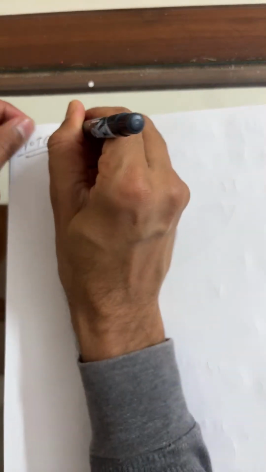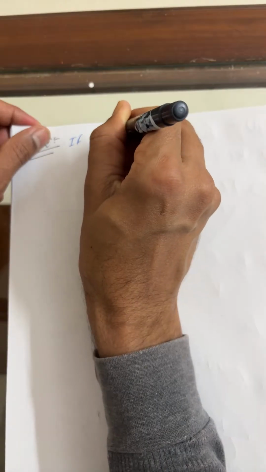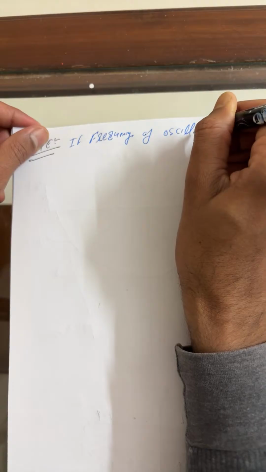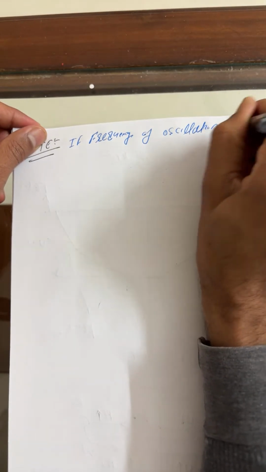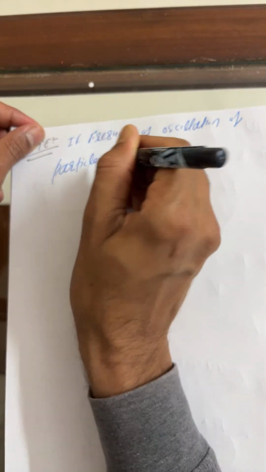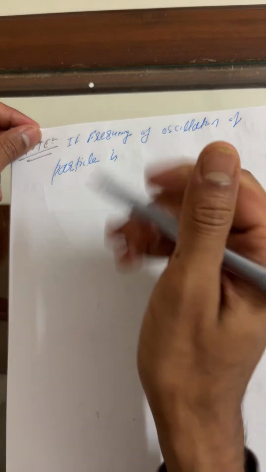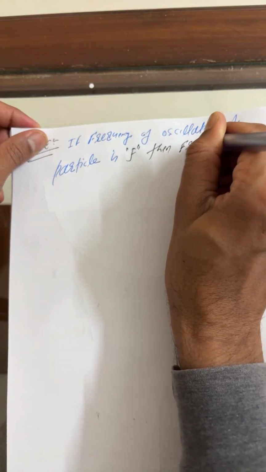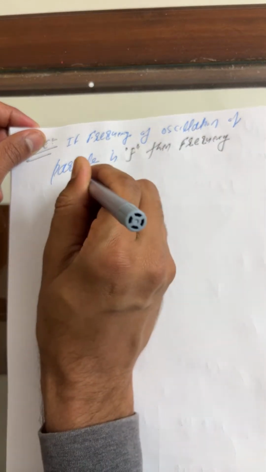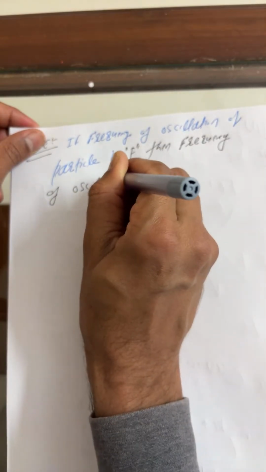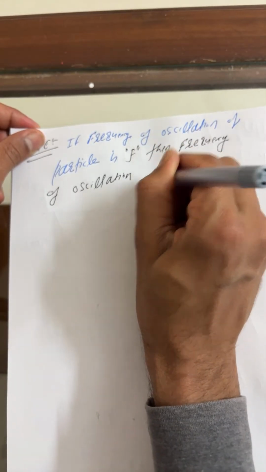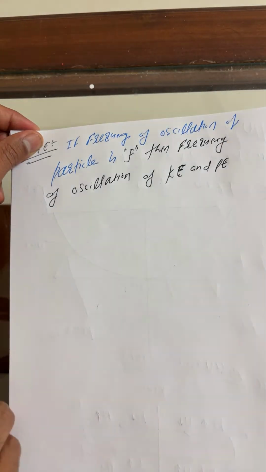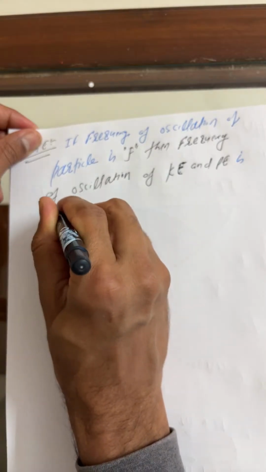Right. So this is: if the frequency of oscillation of a particle is f, then the frequency of oscillation of kinetic energy and potential energy is 2f.